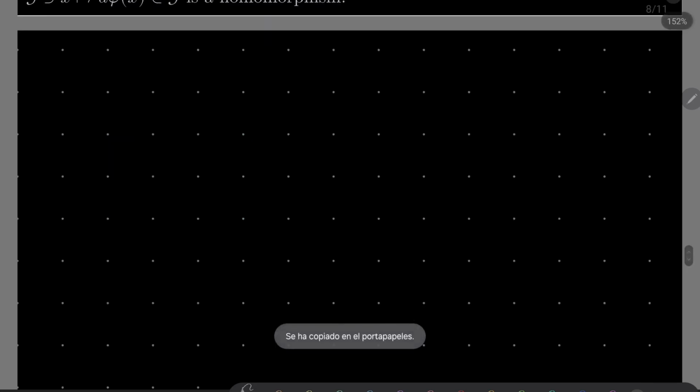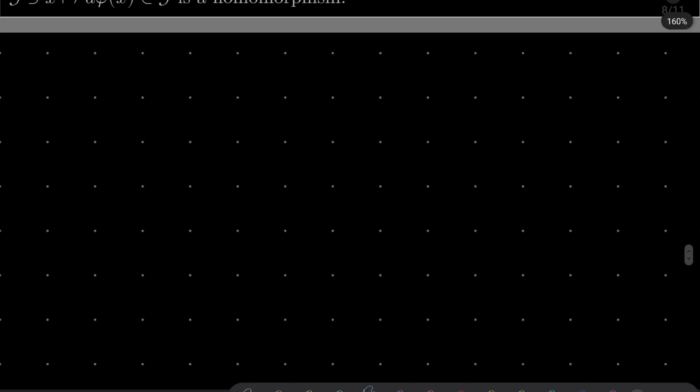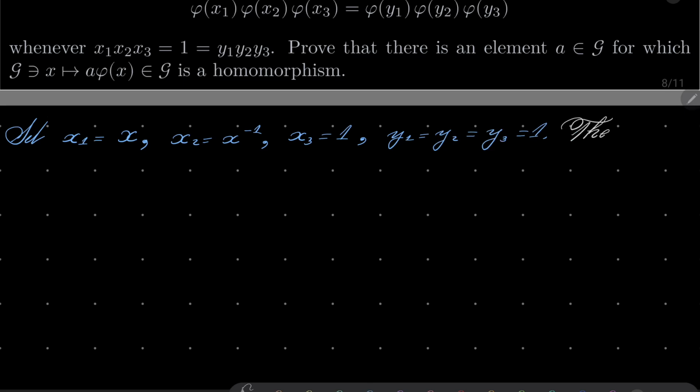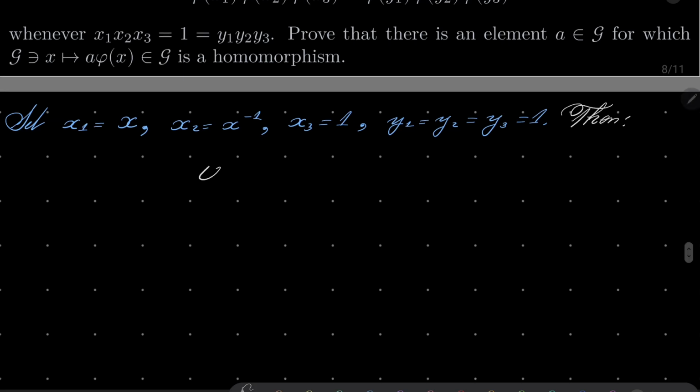Alright, so let's set x1 to be 1 or x, it doesn't really matter, x2 to be x inverse, x3 to be 1, and y1, y2, y3 all equal to 1. Because notice that then x times x inverse times 1 is 1, and 1 times 1 times 1 is also 1.